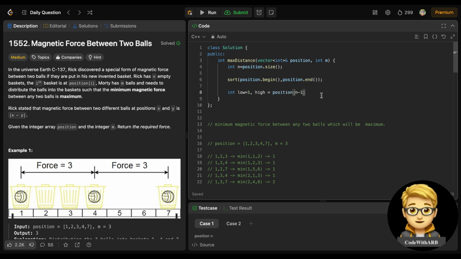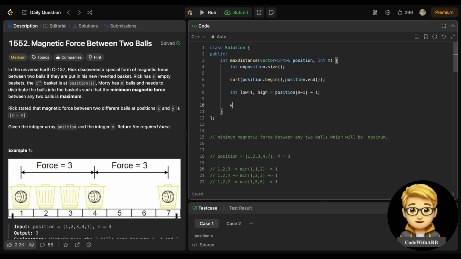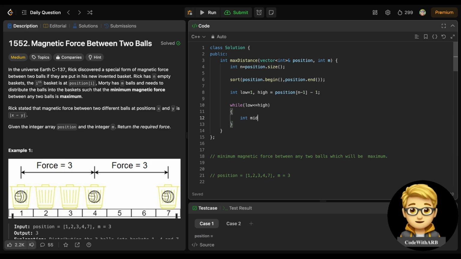That's the last value, max position minus 1. And now we will apply binary search on this, while low is less than or equal to high, right? Now the mid value. So what would be the mid value? High minus low by 2, right?